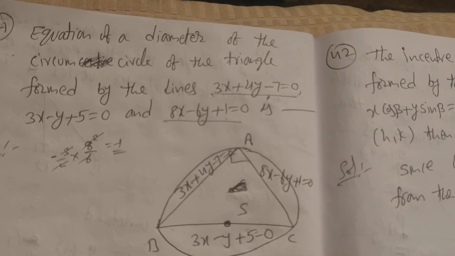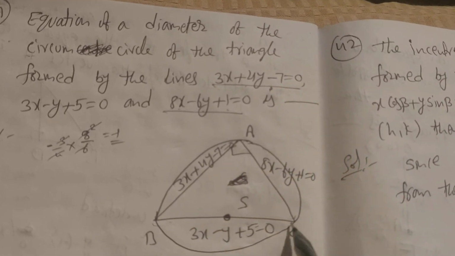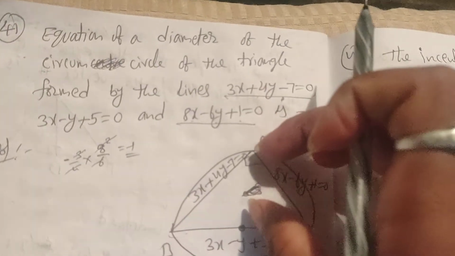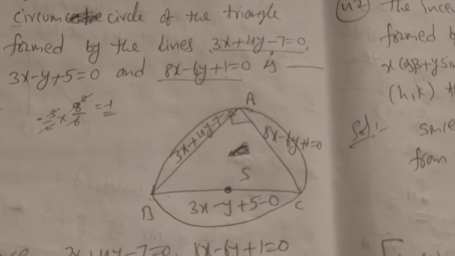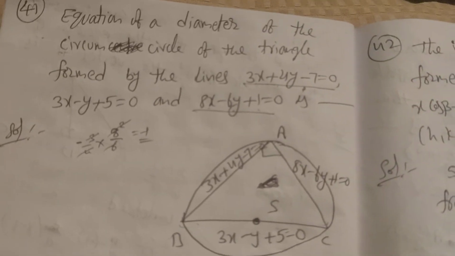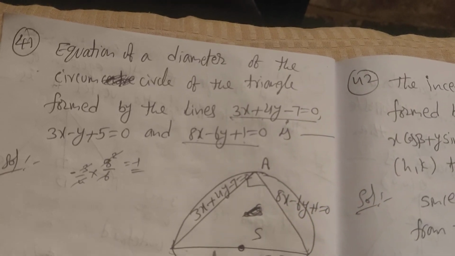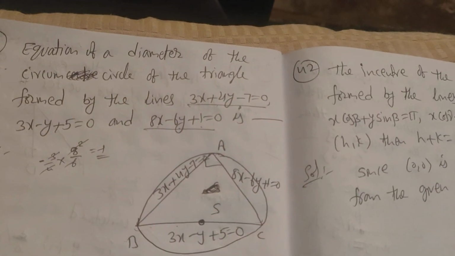That means the angle in a semicircle is 90 degrees, so this is the half circle. This is one more half circle, but the drawing is different. I took this as the bigger part and this as the small part, but both are equal parts. Just imagine. So it is a right angle triangle, which means the hypotenuse is nothing but the diameter of that circumcircle.